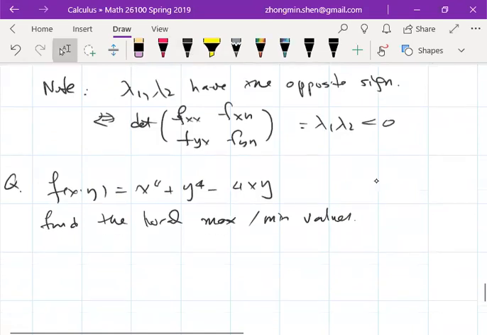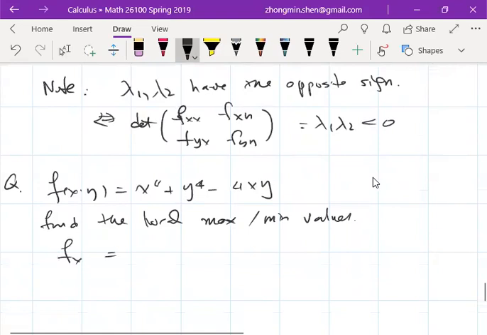Now it's harder to tell, since it's not a quadratic function and I cannot draw the picture easily. The first thing is to find the candidates at which the function has a local maximum or minimum, so we find the critical points of this function.